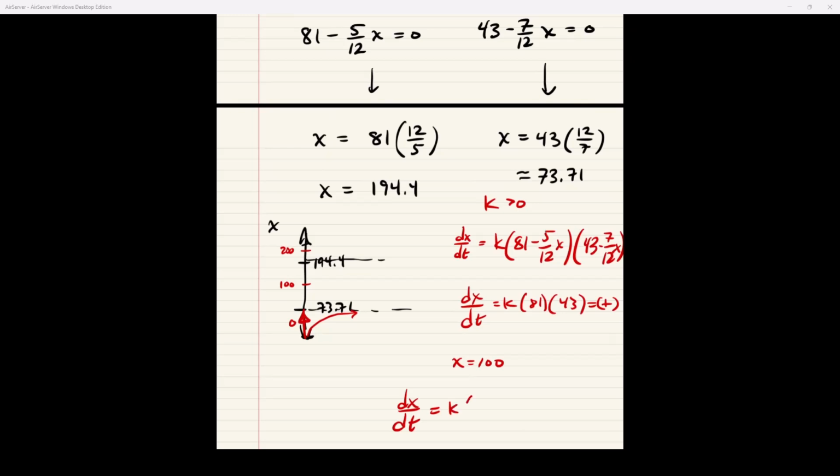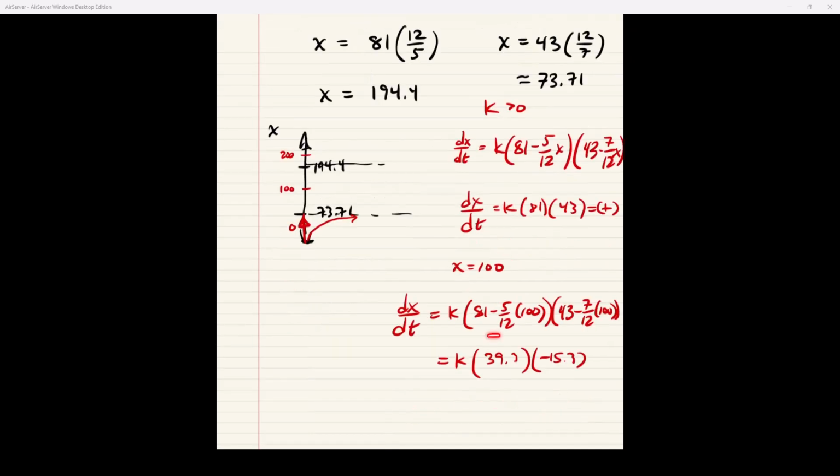This is k times 81 minus 5 over 12 times 100, and 43 minus 7 over 12 times 100. So this comes out to be positive, that comes out to be negative. So I can see that if you had more than 73 grams of chemical C to start with, the function would actually decrease down from that.